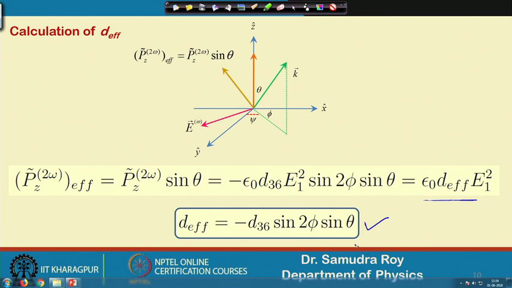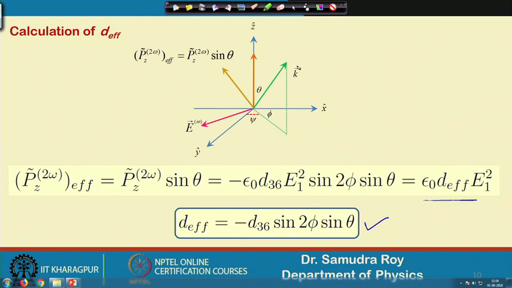So, we find that even though the polarization is generating, the polarization direction is not in such a way that we can generate the phase matching properly. So, in order to generate the phase matching properly, we need to find out the direction along which the second harmonic will really be generated. Following that, we find that it should be perpendicular to the k vector. So, the electric field of 2 omega which is generated should be perpendicular to the k vector.